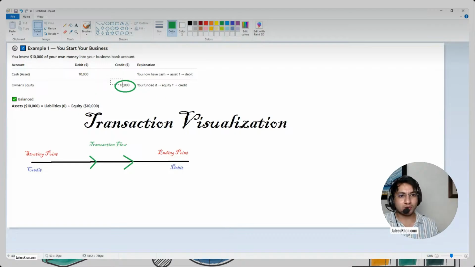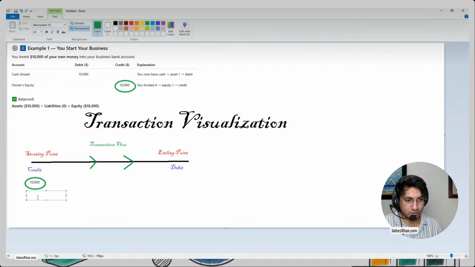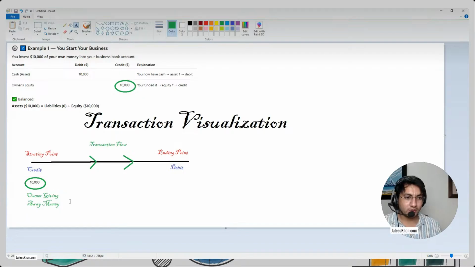Now that point is going to arrive here. So I can call it owner giving away money. That's the starting point of the transaction.